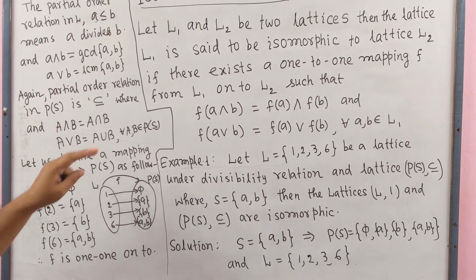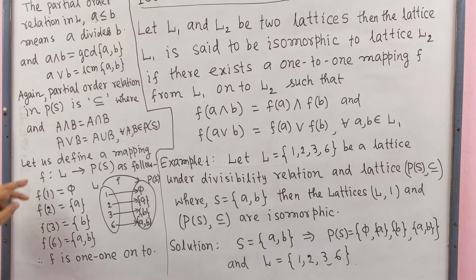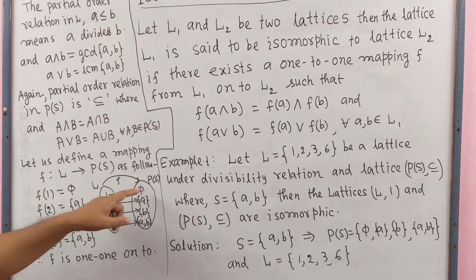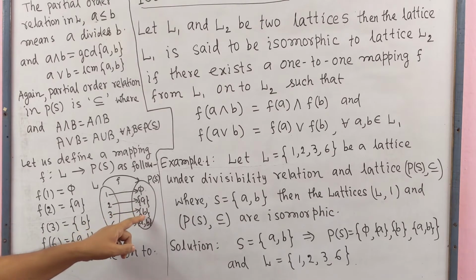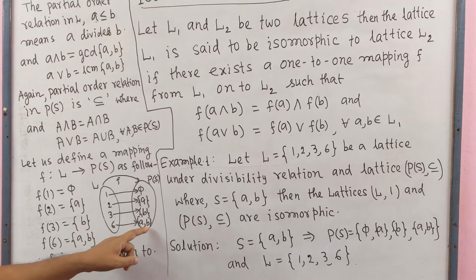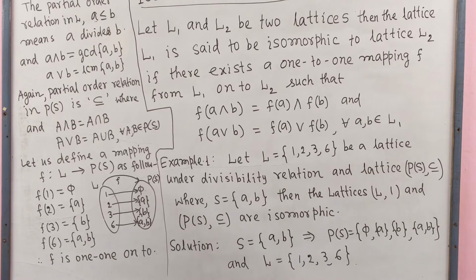Let us define a mapping f from L into P(S) as follows: f(1) equals phi, f(2) equals the set containing element a, f(3) equals the set containing element b, f(6) equals the set containing elements a and b.